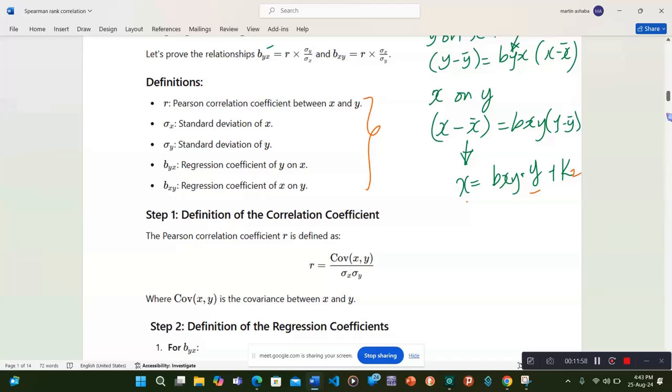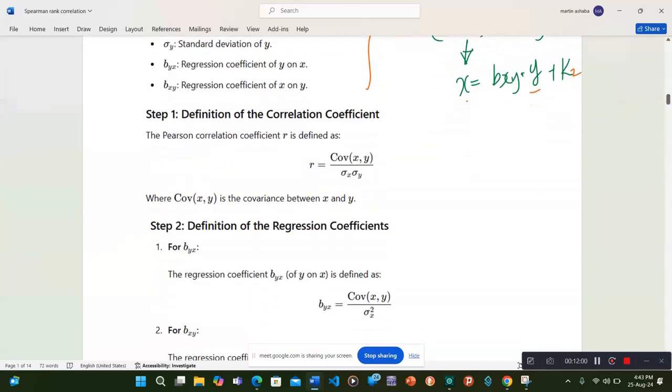Then we go ahead to determine the correlation coefficient.